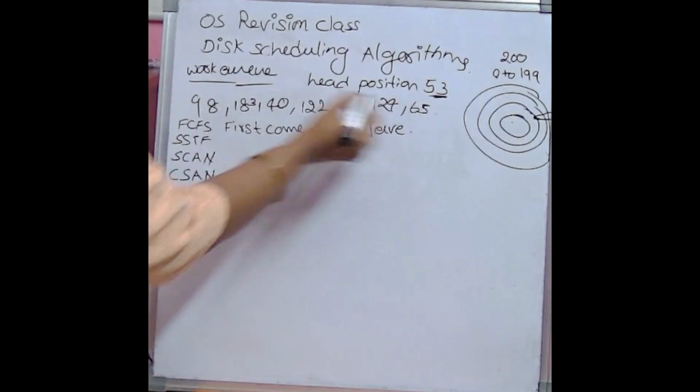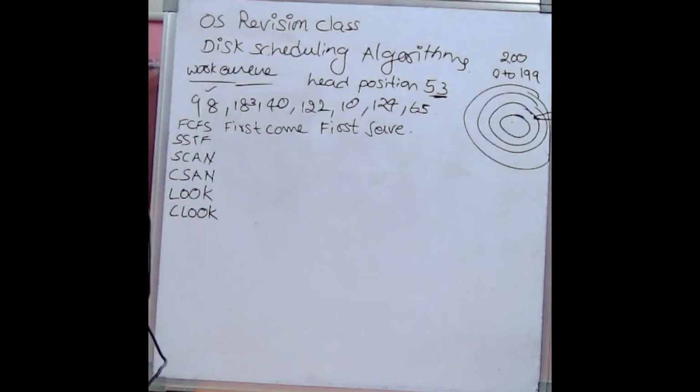So in this work queue, 98 is the first request to read or write data for any file or program. The first request is cylinder 98, and the current position is 53.